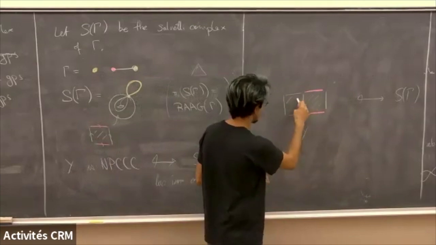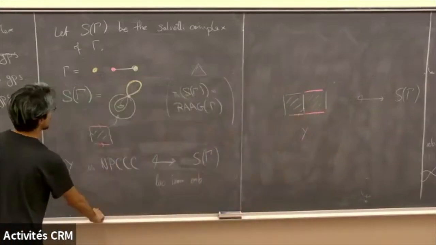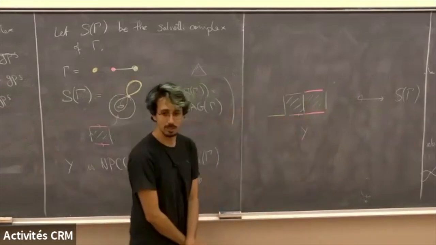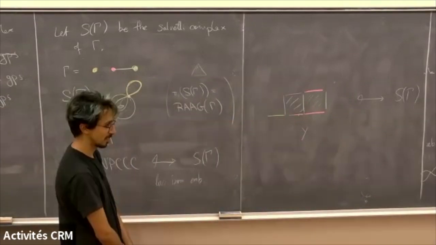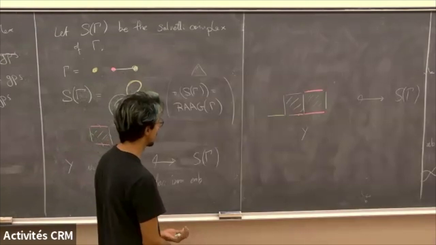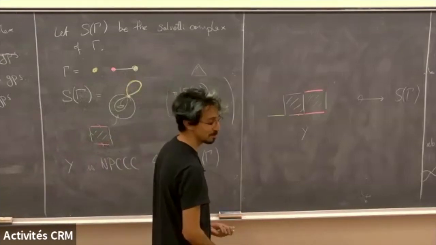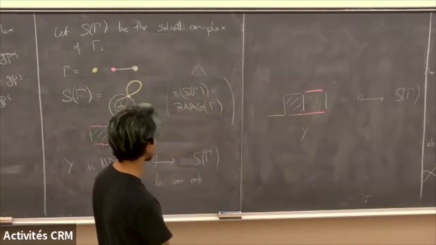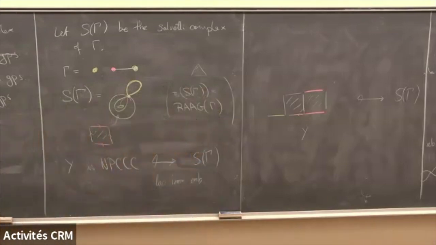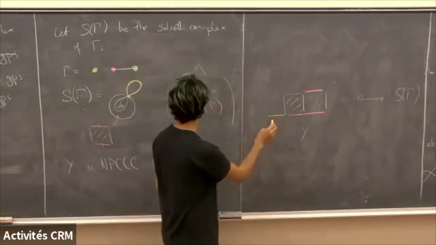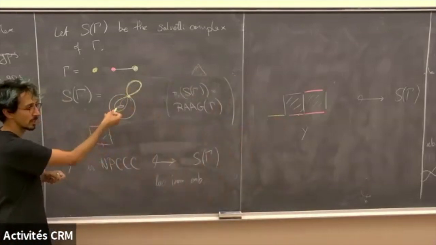This is fine, right? Because locally the yellow is not connected with the straight line.